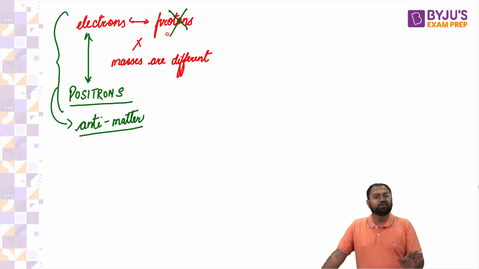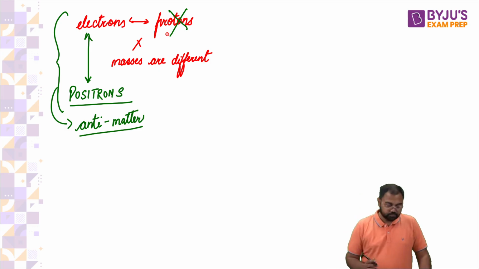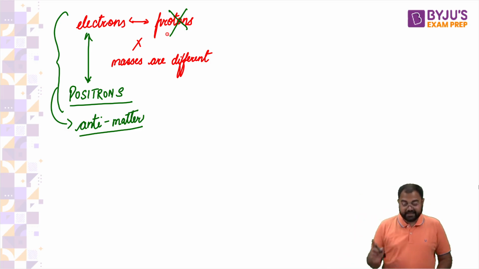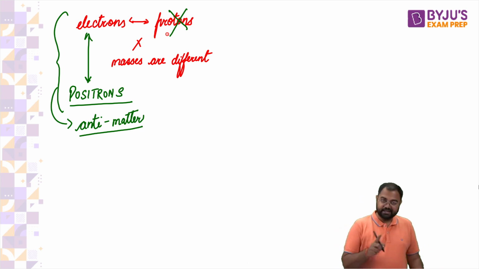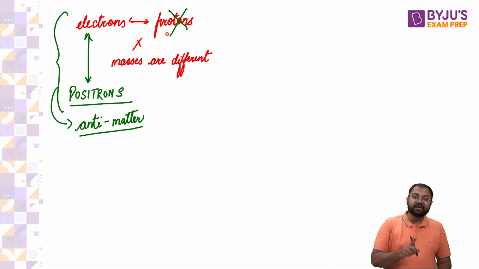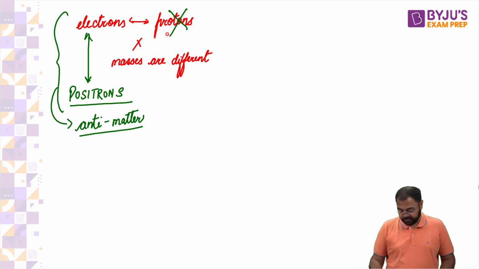So just one line definition, one line explanation, one simple example, just know this much and that should be enough for your exam. All right, so just understand why electrons and protons are not antimatter of each other, but electrons and positrons are antimatter of each other.